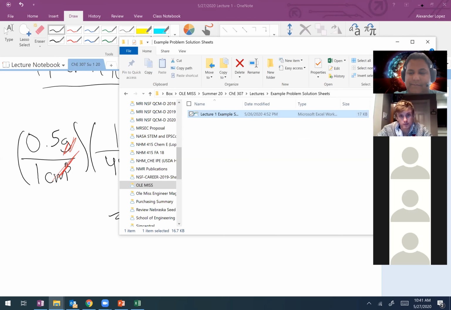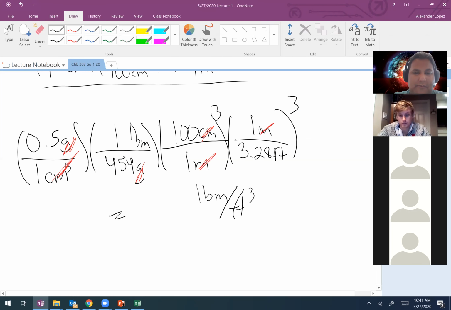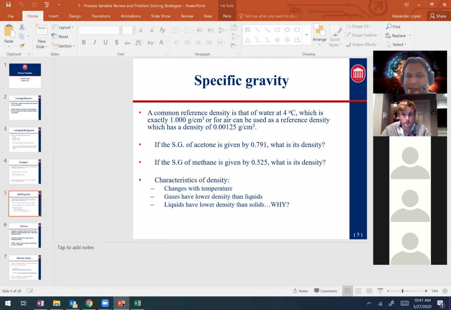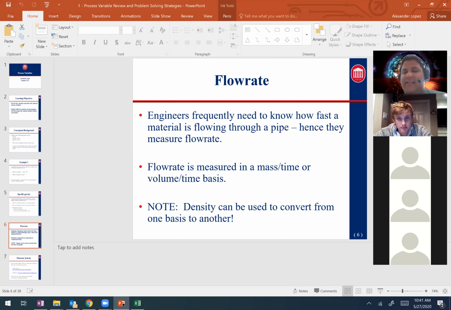All right. So let's keep rolling, going through some of these concepts. I already touched base on specific gravity, looking at densities in comparison to a reference. Another good concept is flow rate, which is a concern especially for chemical engineers when we're moving material via pipes, tubes, pipelines.